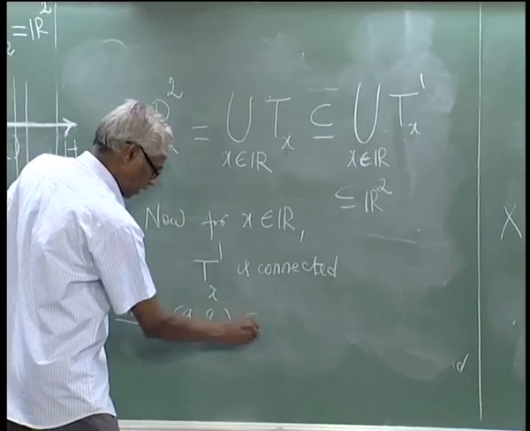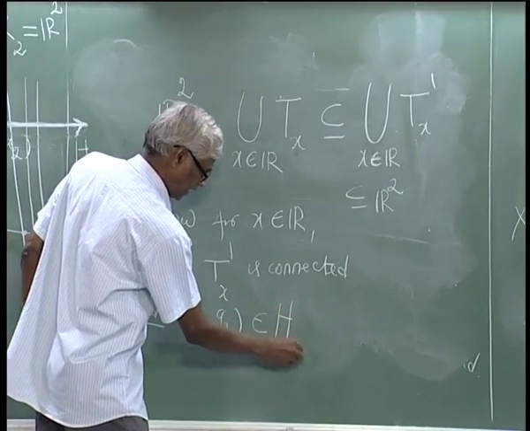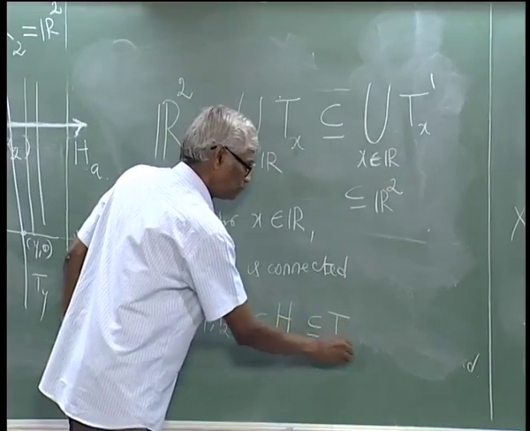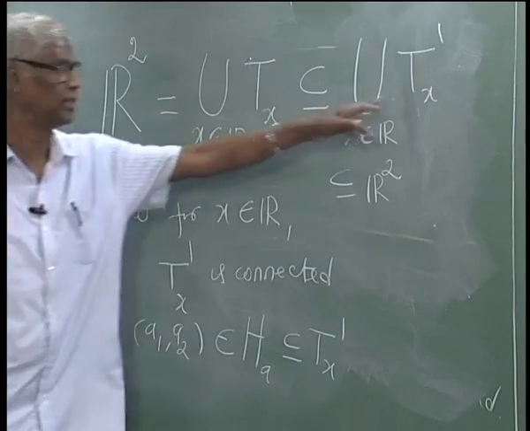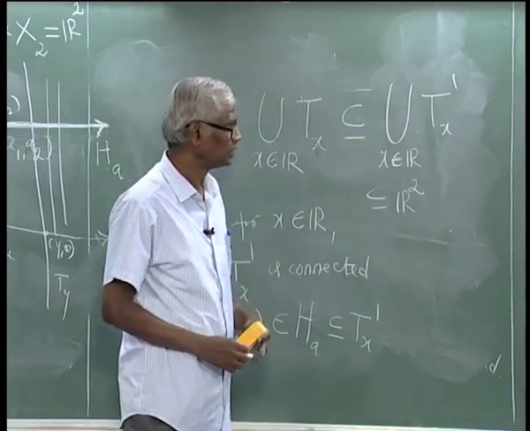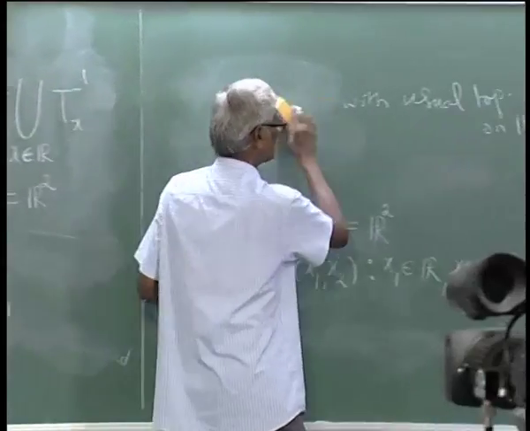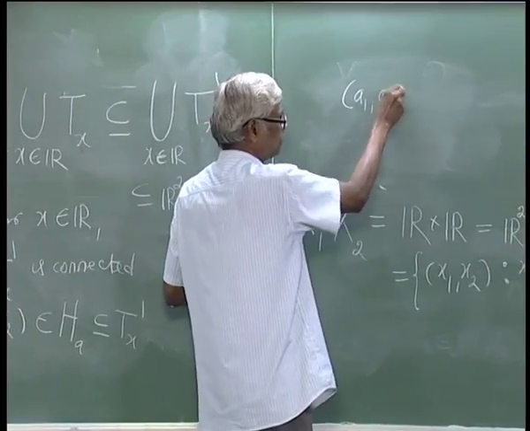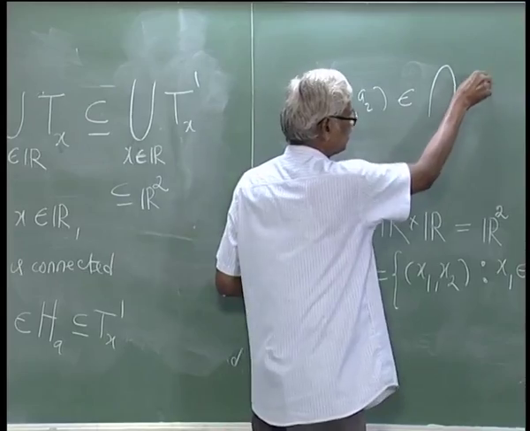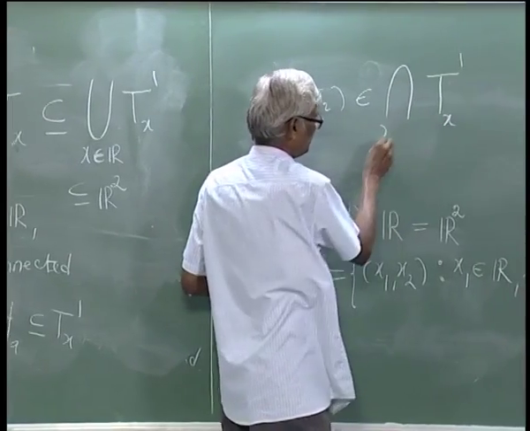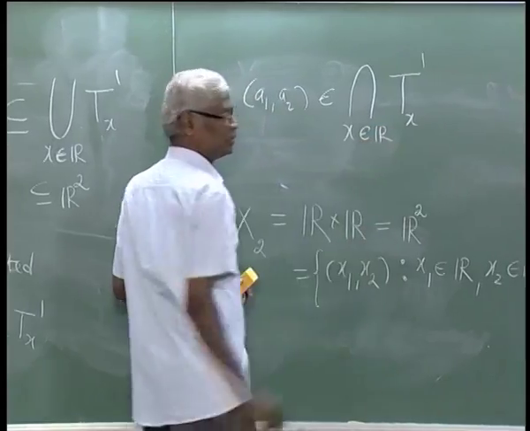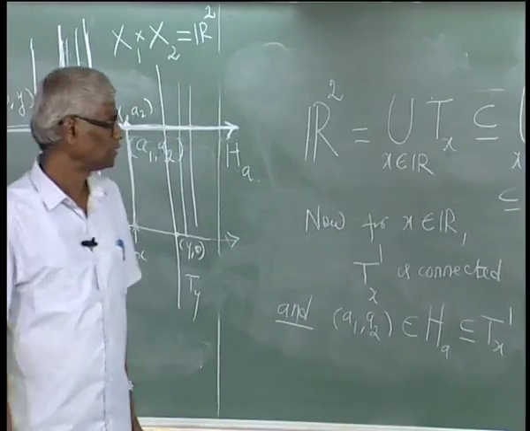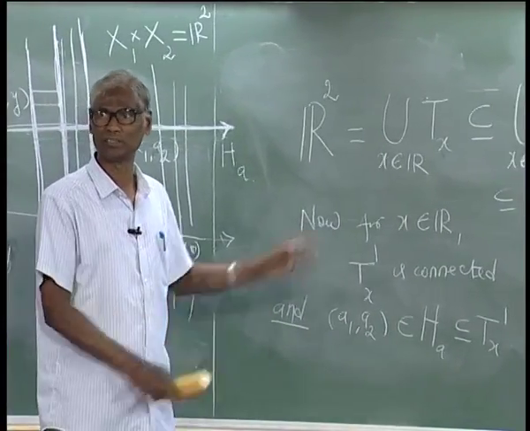So it belongs to H_A, which is a subset of T_x prime. So we have a common point in each T_x prime, that is, (A1, A2) belongs to the intersection of T_x prime over x in R. Now each T_x prime is connected and the union is R2, hence R2 is connected.